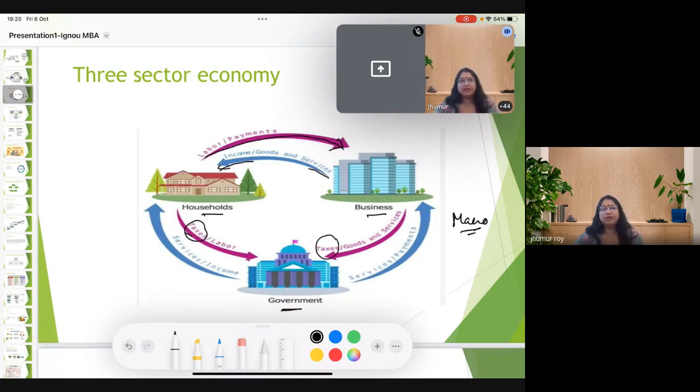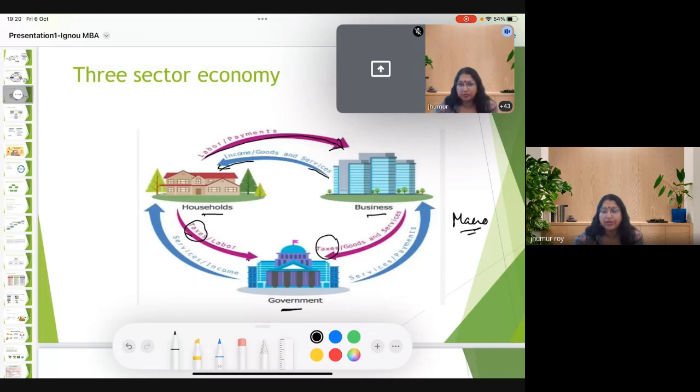Whatever you are consuming, for that you have to pay taxes. From the government you are getting services and different kinds of benefits, but in return you have to pay different kinds of taxes. That is how the circular flow of income happens when we are talking about the three sector economy.